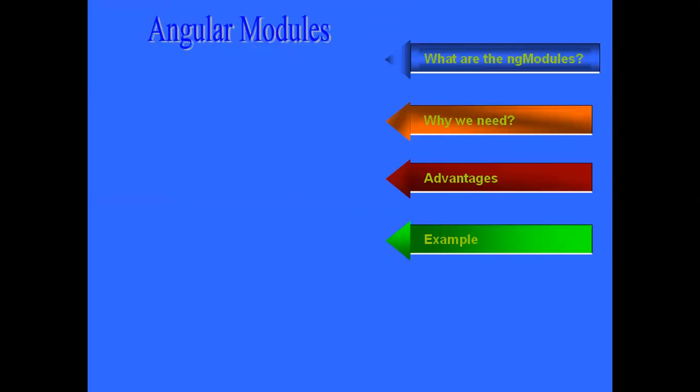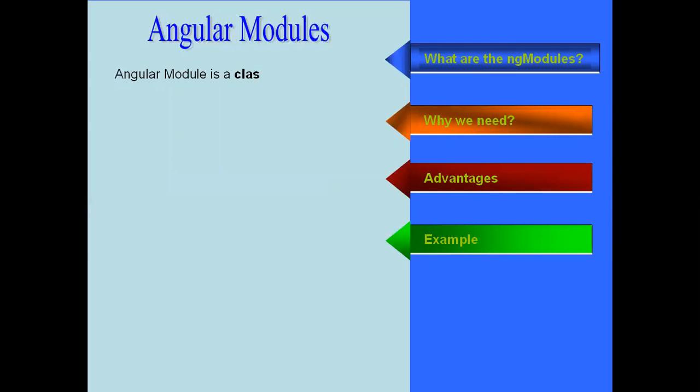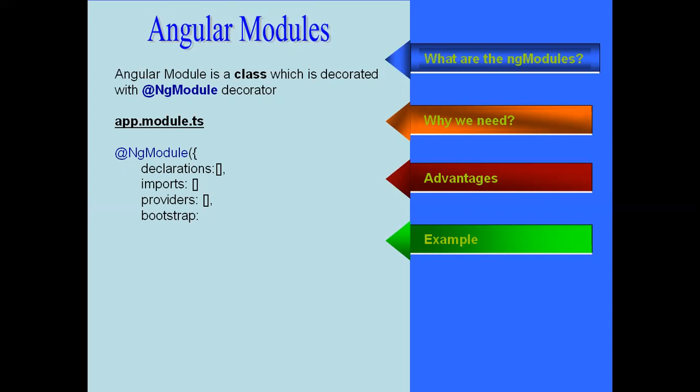Okay, so what is an Angular module? In Angular, we can easily make an ng module using the NgModule annotation. It is a decorator. If we want to make any class a module, we can easily identify it by the NgModule decorator.